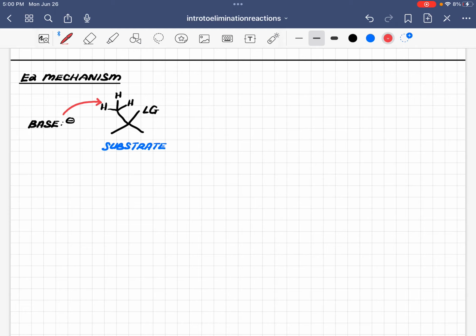We call this step proton transfer because what we have is the proton being transferred to the base. This causes the formation of a double bond and the loss of a leaving group.